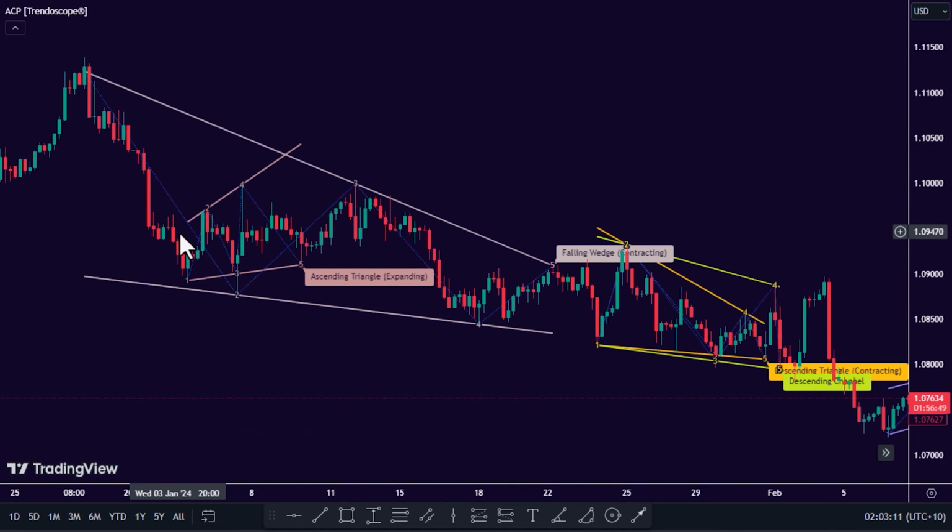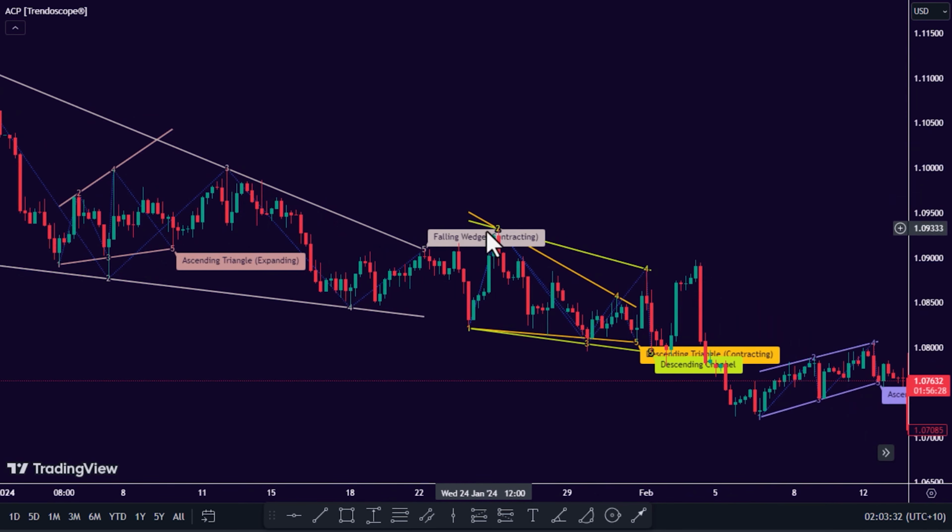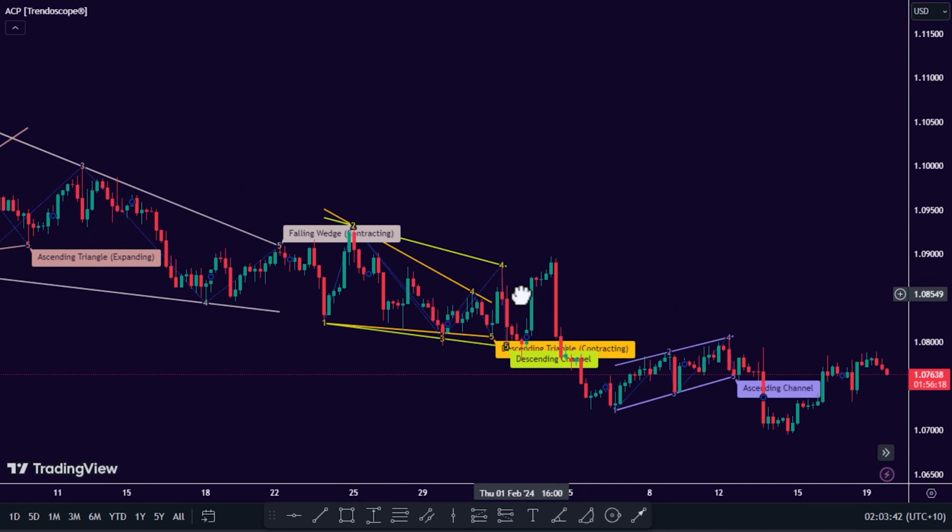To use the Auto Chart Patterns Trendoscope continuation trading strategy for the continuation of a downtrend, the market has to form continuous lower lows and lower highs. The lower lows are the impulsive wave, whereas the lower highs are the corrective moves. In this corrective move in a downtrend, this is the medium at which the Auto Chart Patterns Trendoscope Indicator will plot bearish continuation patterns on the price chart.